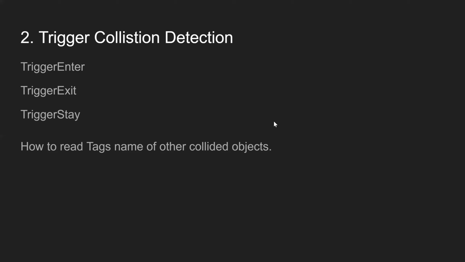Whenever we touch any object, we can detect which object it is. There are 3 methods used in the gaming world, like OnTriggerEnter.